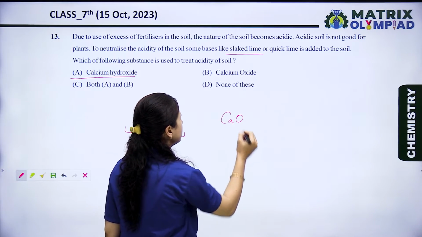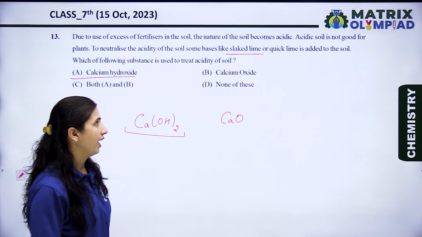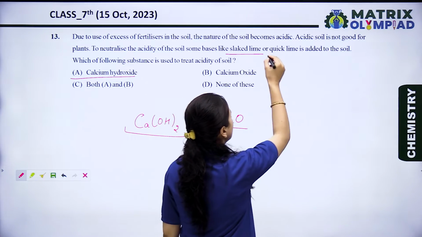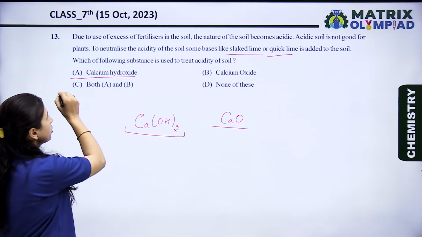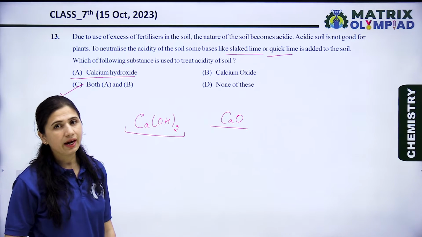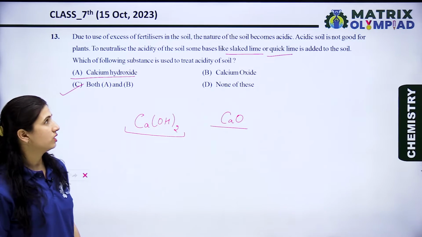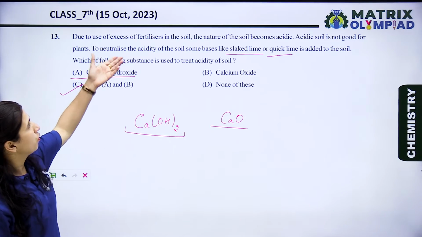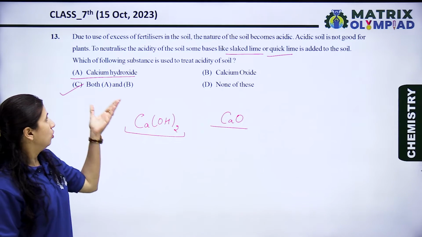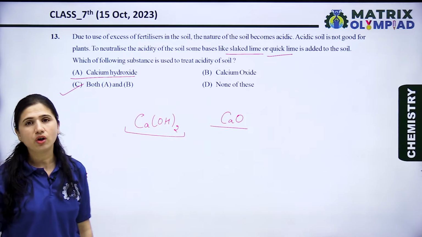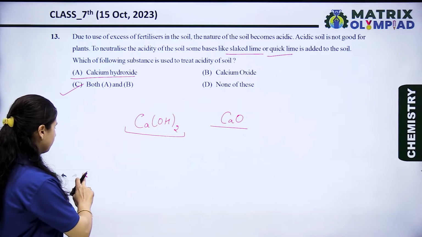Calcium oxide is CaO, and CaO is also known as quicklime. So option C, both A and B, are the substances used for neutralizing the acidity of soil. So option C is the right option for this question.